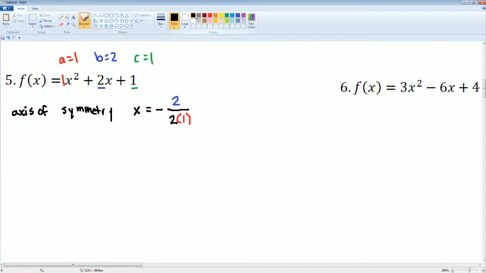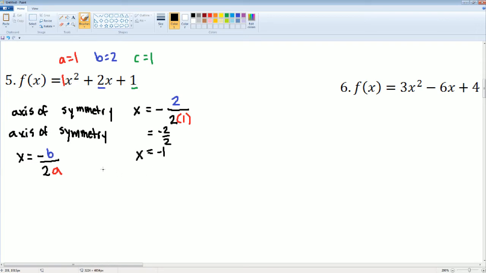Again, the formula for the axis of symmetry is x equals negative b divided by 2a. That's how I got that. So this is equal to -2 over 2, which is just -1. So x equals -1.